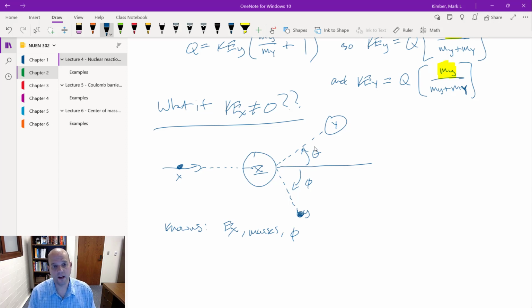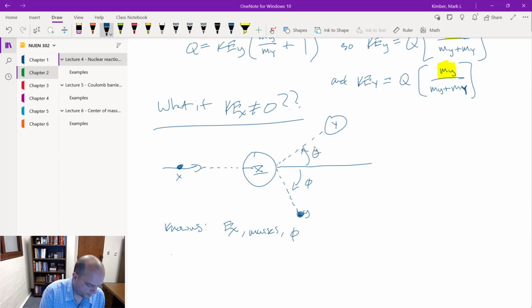And what I want to find now are the kinetic energies. Now, do we know the angle? The answer to that's probably no, but we can express my kinetic energy in terms of that angle and see what kind of magnitude change it has from 0 degrees to 90 degrees or 180 degrees.